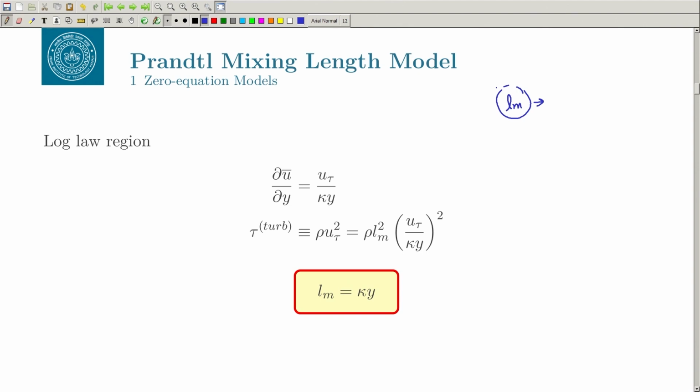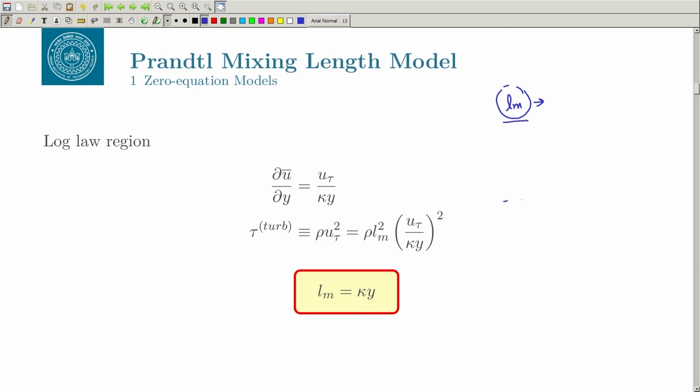He proposed it because there was no model at the time, and he said that it might not work for complex flows. Indeed it worked for very simple flows, but it gave many ideas that led to the development of more complex models. So how do you prescribe the mixing length?